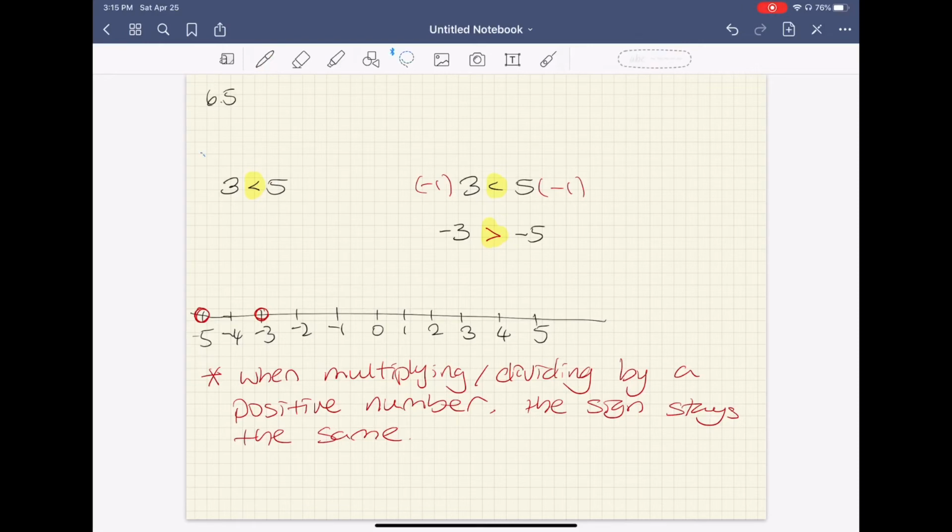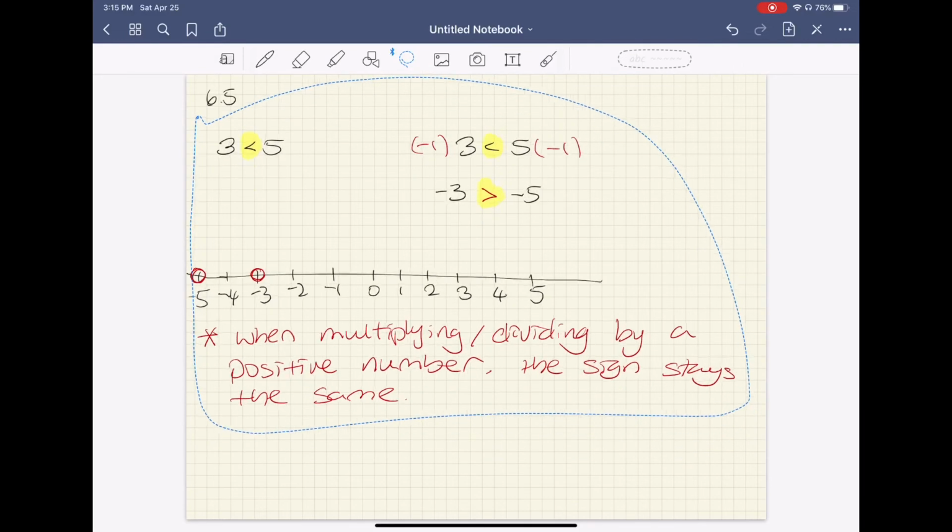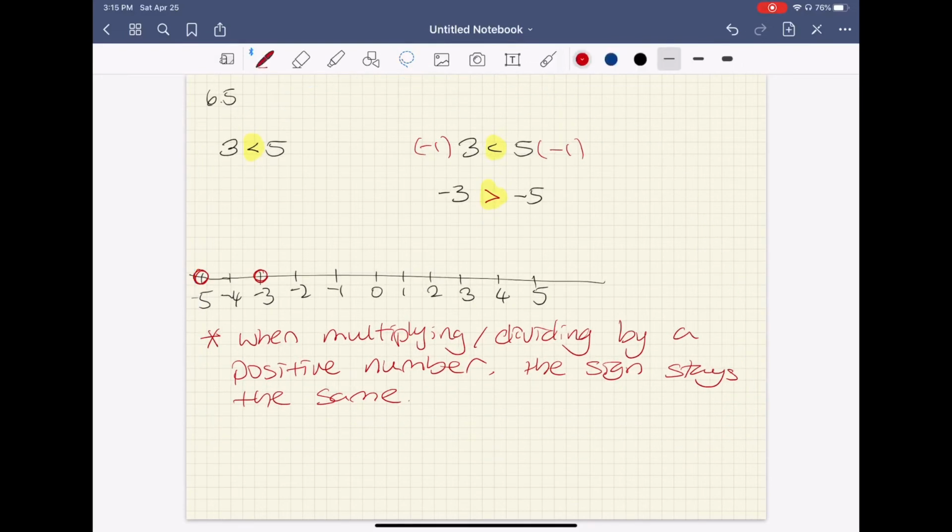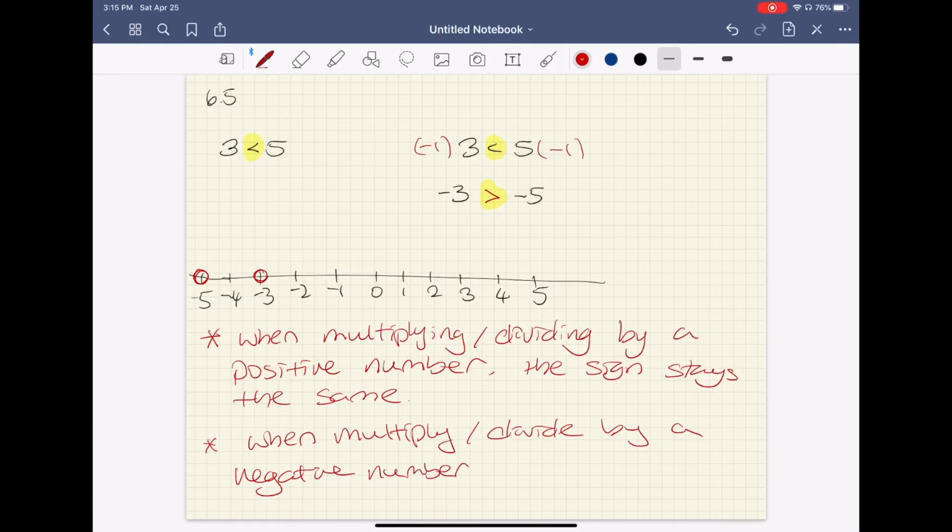But if you want to multiply or divide by a negative number, what happens? The inequality sign will need to be changed, or flipped.